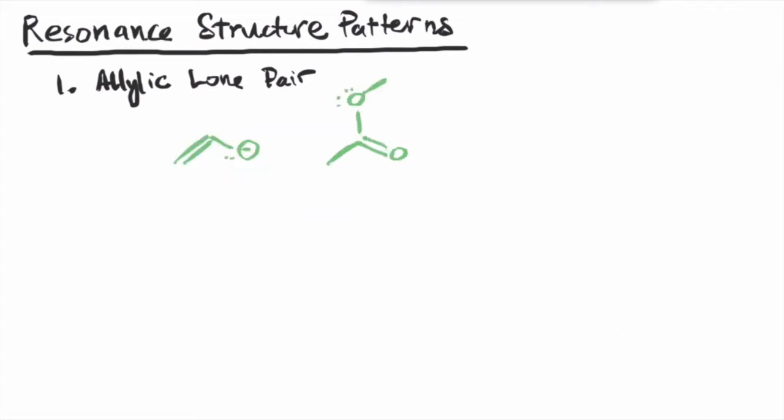Let's take a look at how we can draw the curved arrows for the allylic lone pair. First, convince yourself that these lone pairs are indeed allylic. In your first arrow, the lone pair of the allylic position is pushed to become a pi bond. Remember that carbon is tetravalent and has that hydrogen there. So when you make a double bond to it, now it would have 5 bonds. So that's not possible.